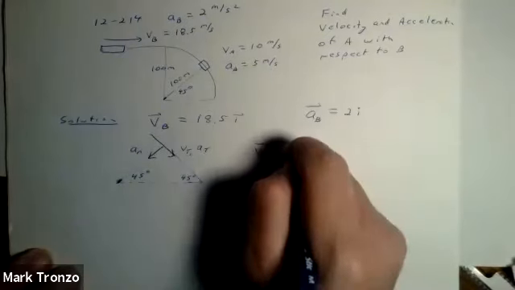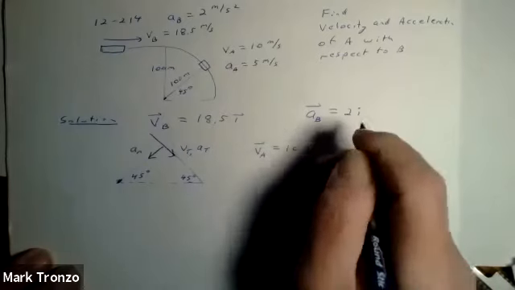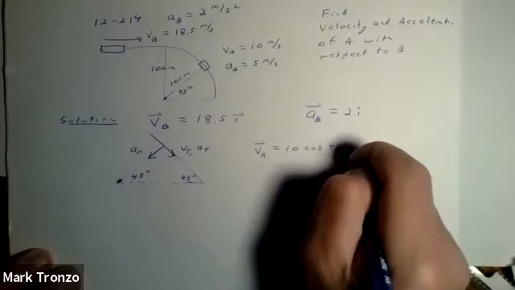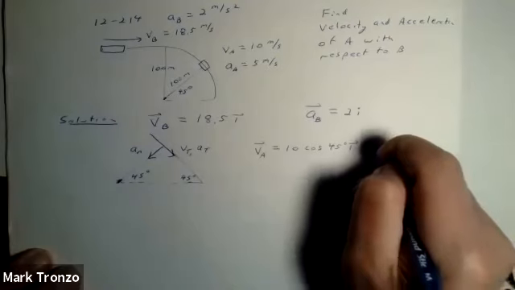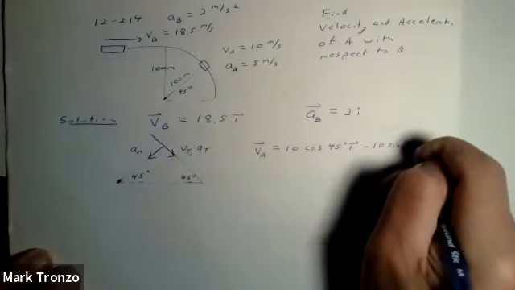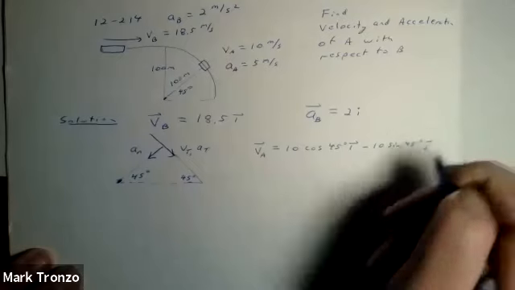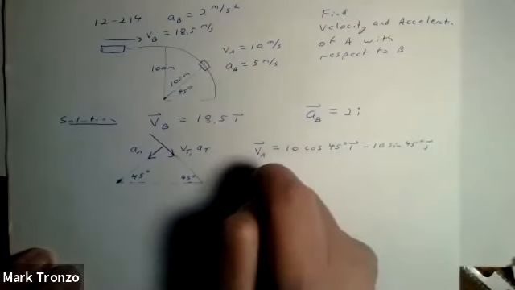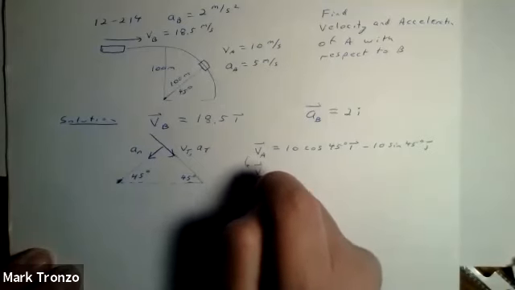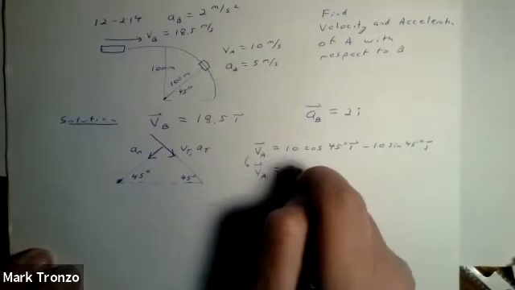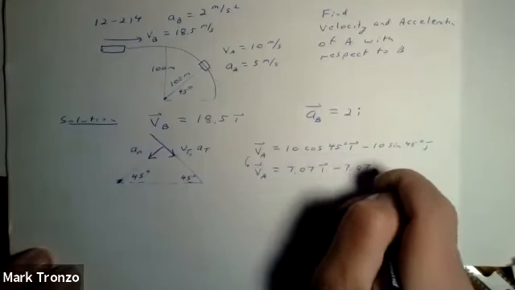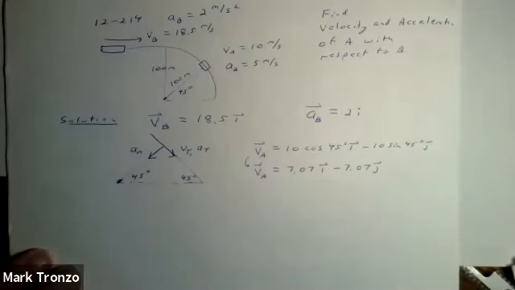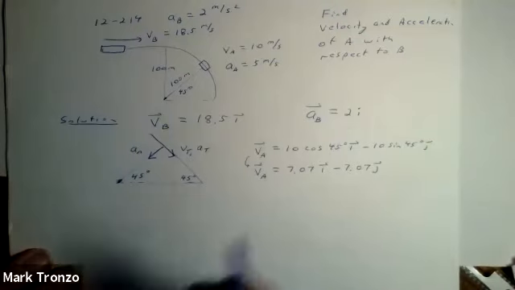So it looks like it's going to be 10 cos 45 degrees, and that's the I. And then it's going in the negative y direction, minus 10 sine 45 degrees J. So it's 7.07 I minus 7.07 J. And so we have that equation.